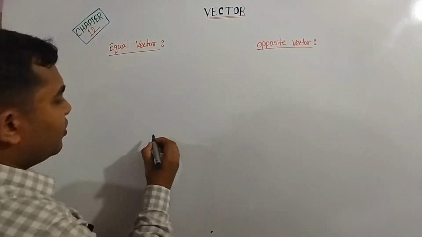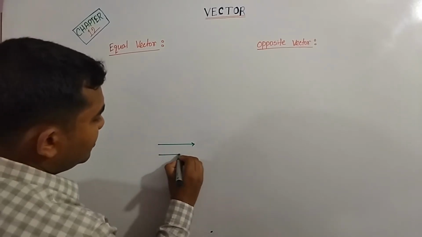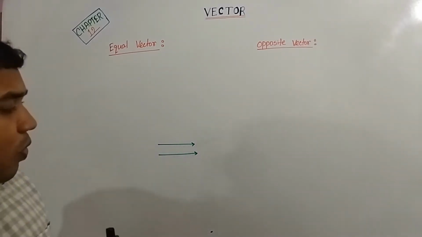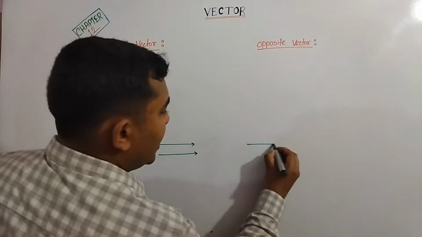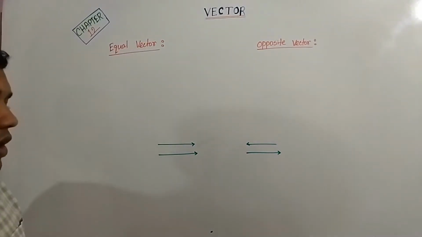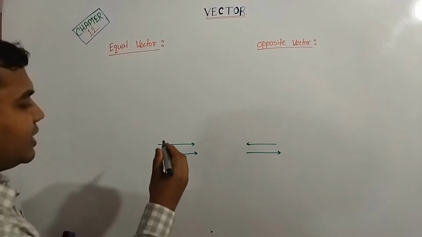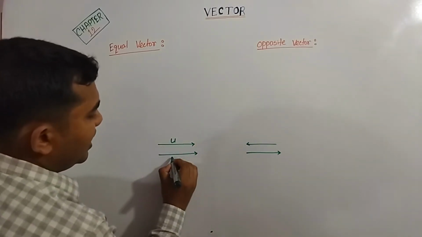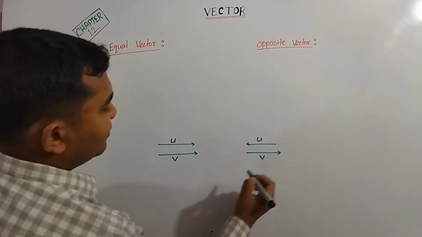Say, for example, we have a vector like this and another vector like this. What do these two vectors represent? Are these two vectors equal or opposite? What do you think? Say this vector is u and this vector is v.